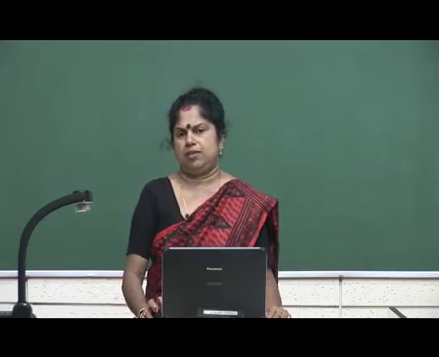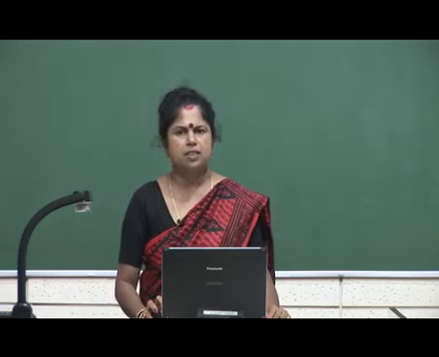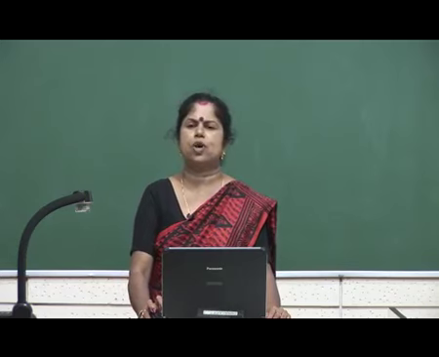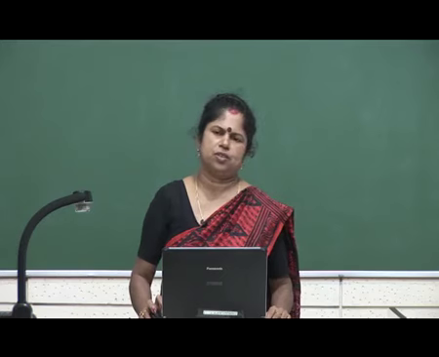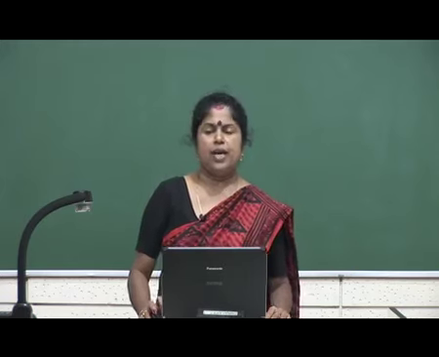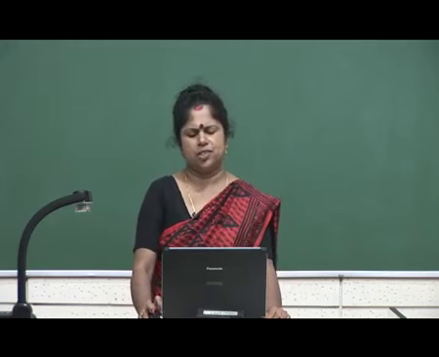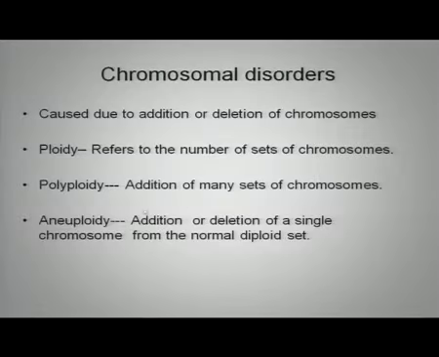For example, 2n equals 46 in humans. Suppose one X chromosome is missing in a female individual, then such females will become 2n equals 45. So, 2n minus 1 condition. And trisomy, in the case of Down syndrome, is also an example of aneuploidy where there occurs addition to the normal diploid set.